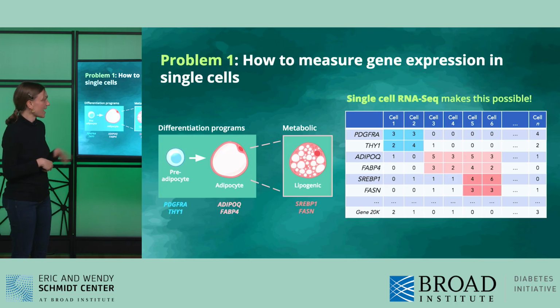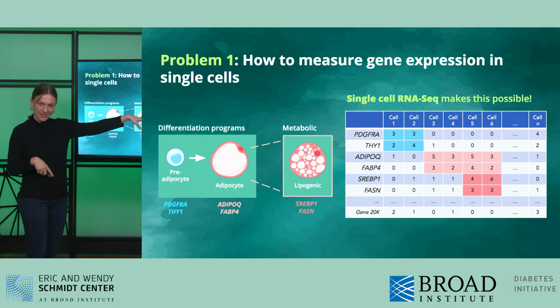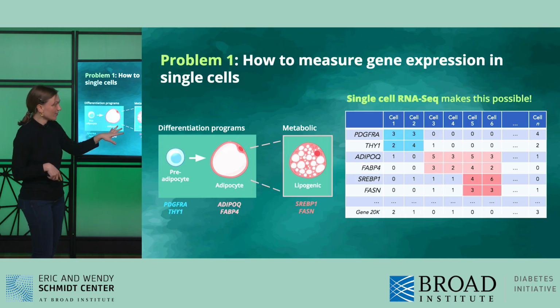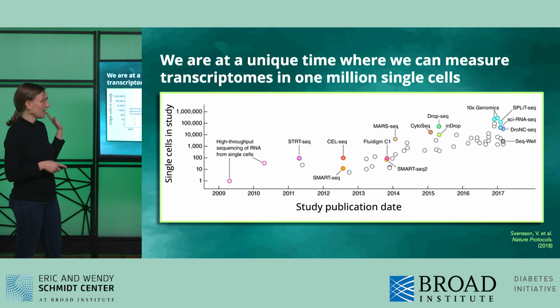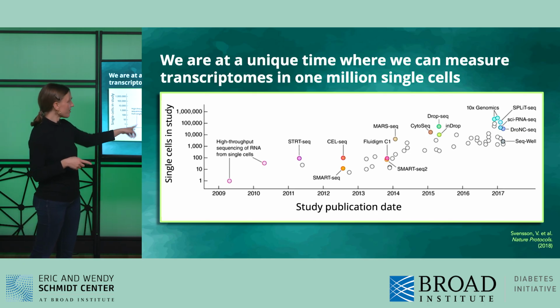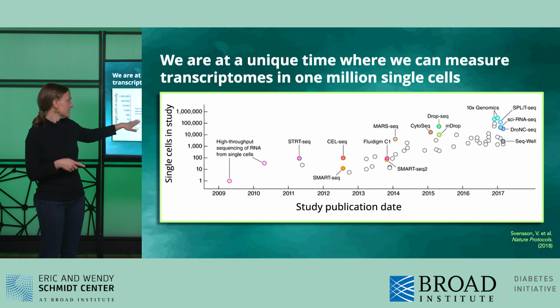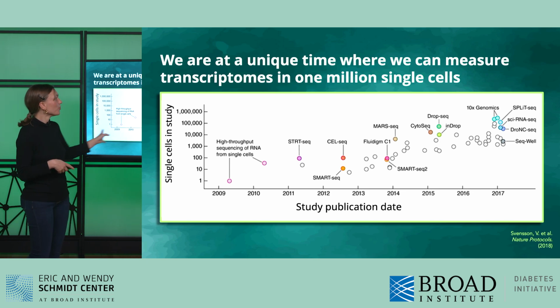As I mentioned, we can profile hundreds of thousands of cells with this technology. This is very exciting because the last 15 years or so, since the very first single-cell RNA-seq technology was published, has seen enormous growth.